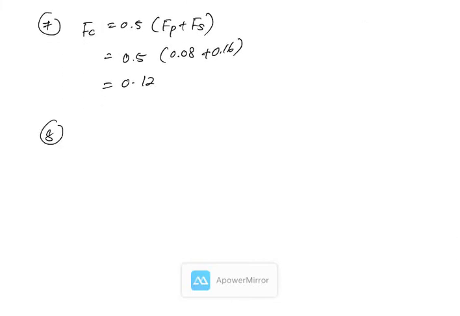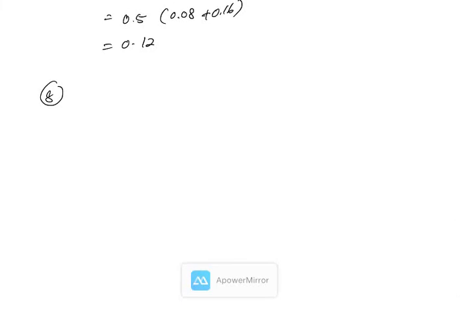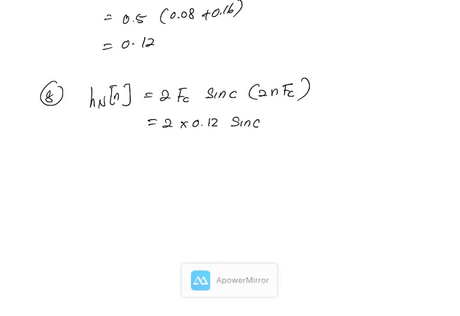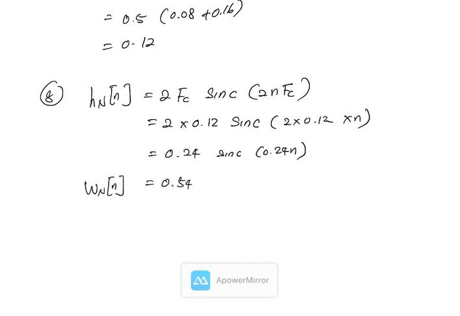And next we can calculate the lowpass impulse response, h(n) equal to 2Fc sin(2π n Fc) over (π n). So this is equal to 2 times 0.12 sin(2 times 0.12 times π n), which is equivalent to 0.24 sin(0.24 π n). And then for w(n), we have 0.54 plus 0.46 cos(2nπ divided by N minus 1).